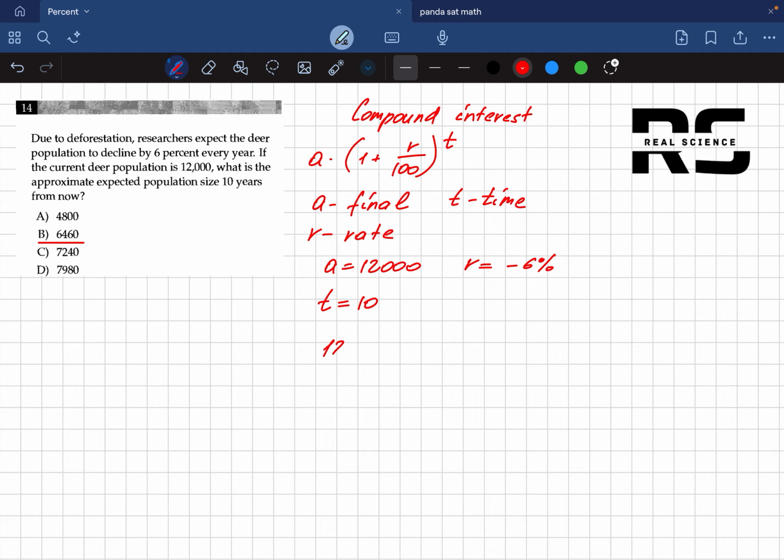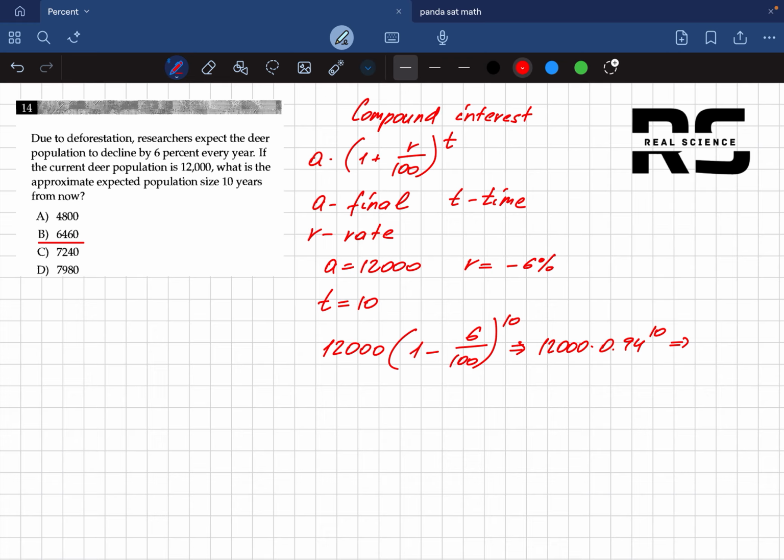So 12,000, 1 minus 6 divided by 100 to the power of 10. Now we need to calculate that. That's 12,000 times 0.94 to the power of 10. Well, for that we need to use the calculator.